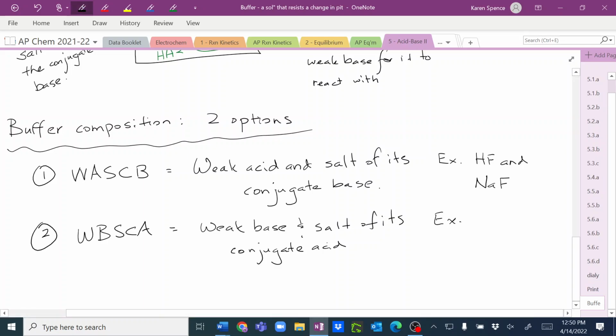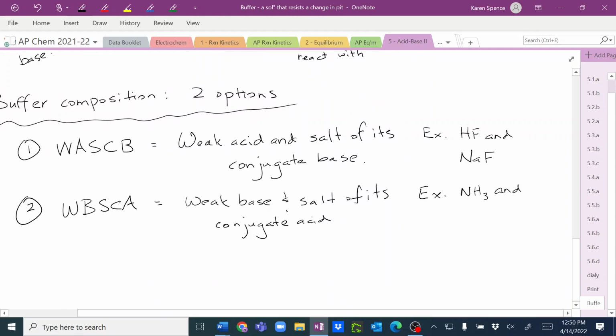And then for a weak base and the salt of its conjugate acid, these don't come up very often because there's not a whole lot of weak bases that are just a base without a charge. Okay, so we have NH3, and what is its conjugate acid? NH4 plus. Who should we be pairing that with?